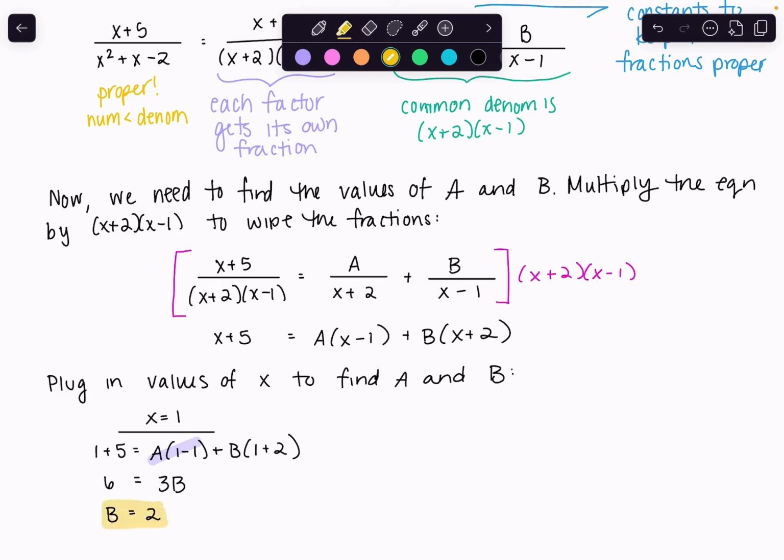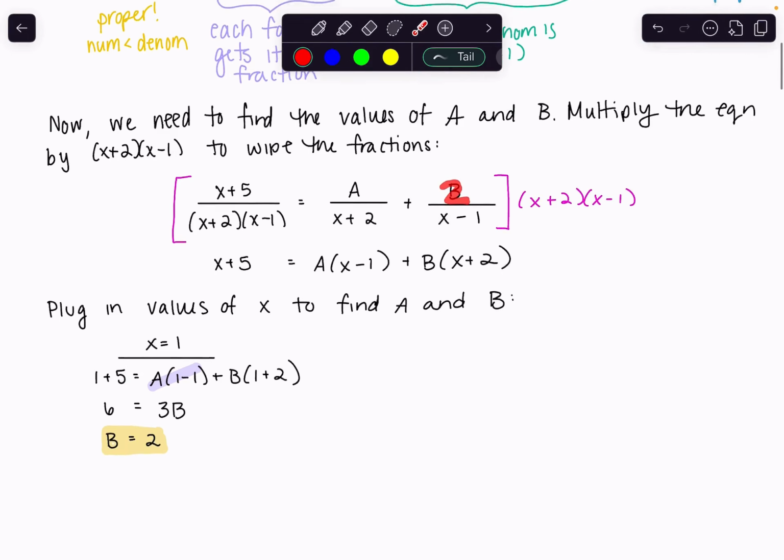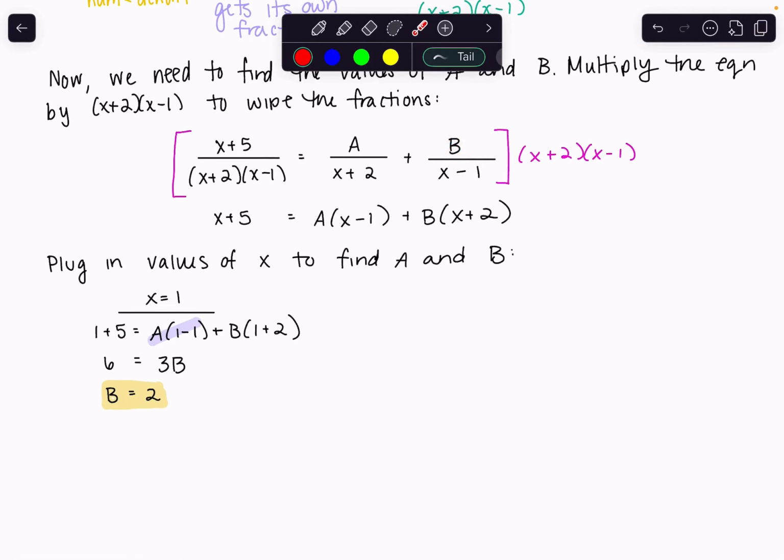So that's what one of my coefficients will have to be. This needs to be replaced by a 2. Then if I pick another value of x, I can solve for a. So in this case, plugging in -2 would also be good. So on the left-hand side, that gives us -2 plus 5.